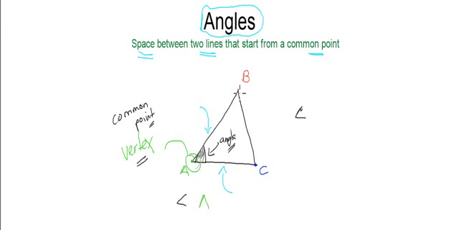And the other two vertexes, in this case vertex B and vertex C, are on either side of it, right? So that's simple. Now we've already named our angle. Just make sure that the vertex where the angle is actually located, we put in the middle, and the other two, if it's a triangle, come on either side of it, right? So make sure you just know how to name an angle.